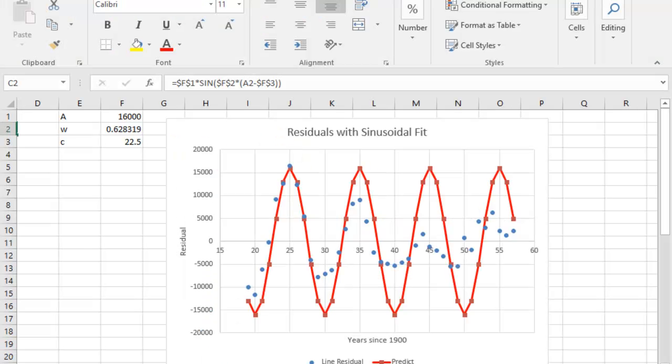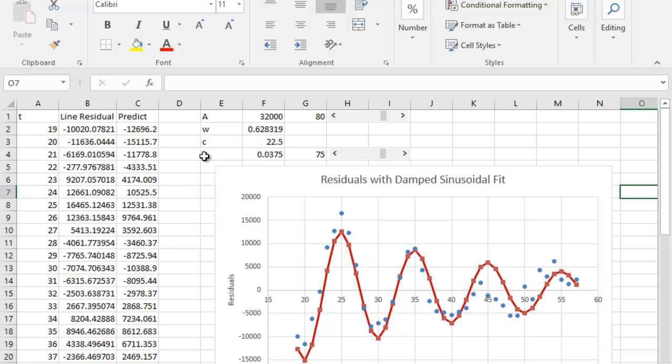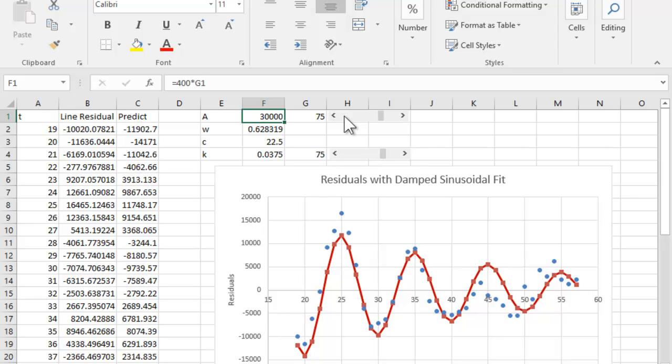Okay, so now to the damped sine fit page. I've let A be 32,000, and omega and C are the same numbers as before. They won't change. Here's a K value, and what I've actually done is generate sliders here so that I can adjust A as well as K. And so now by trial and error, it's like, what should I do for the amplitude?